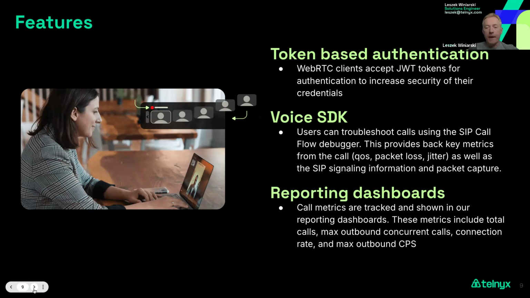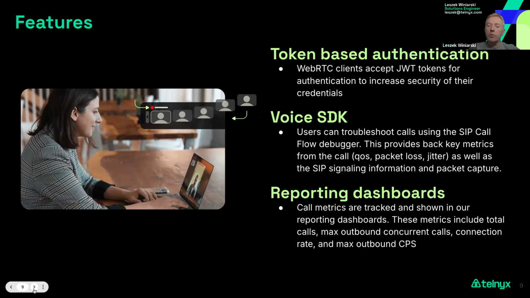web tokens. With Voice SDKs, users can also troubleshoot calls using our SIP call flow debugger. When you sign up to our customer portal, you will also get access to a very sophisticated troubleshooting tool, which allows you to monitor, check and troubleshoot any kind of calls based on the SIP call flows.